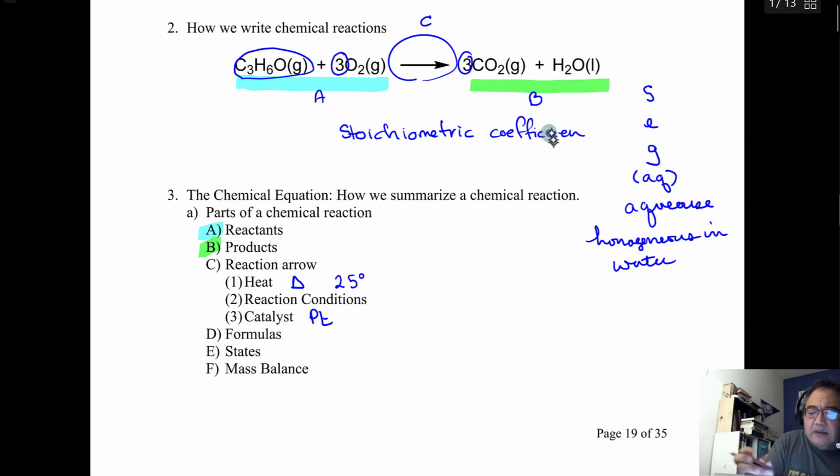So a stoichiometric coefficient has a special purpose. Its goal, the big picture goal, is to balance the mass on the left side of the reaction with the mass on the right side of the reaction.